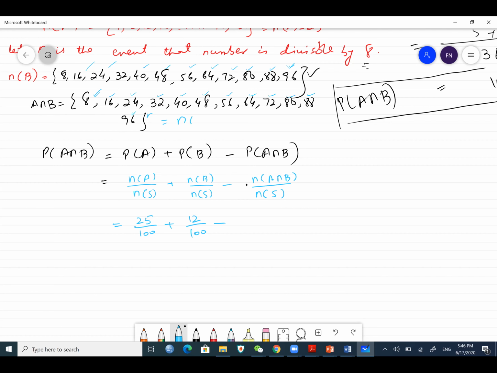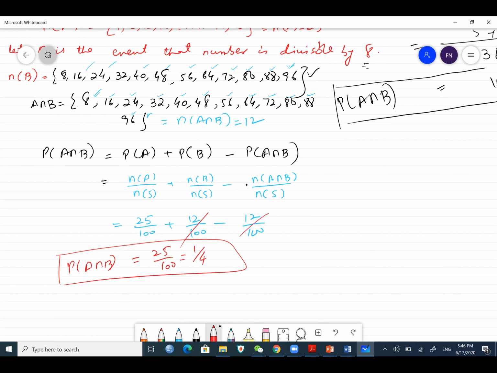So N of A intersection B is also 12, so it is 12 by 100. This number will cancel out with this. So the probability is 25 by 100, which is 1 by 4. Probability of A intersection B is 1 by 4.